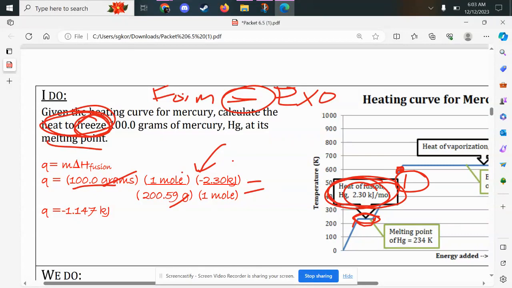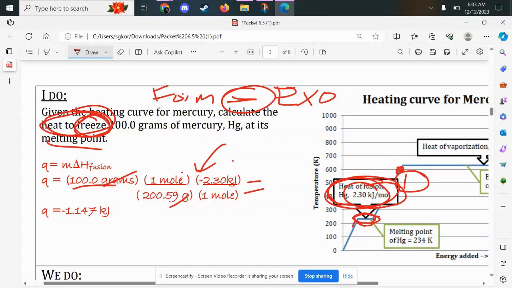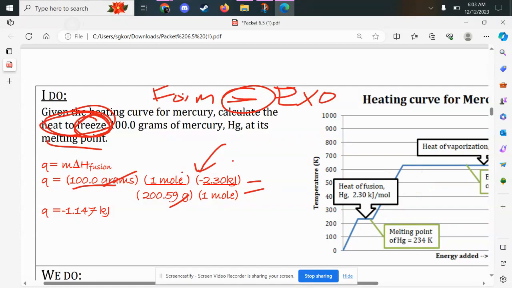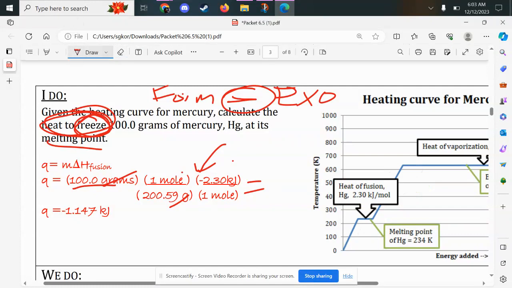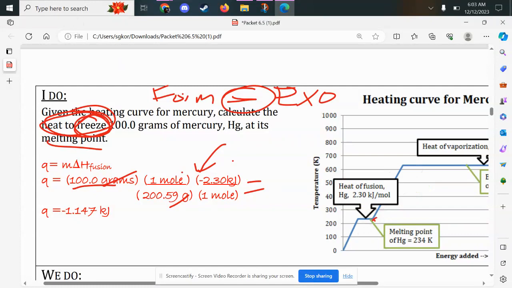I need to figure out, let me erase some things, how much energy it takes not only to get from here to here, but if I change this to not being at its melting point, but being at, I don't know, 600 degrees Kelvin, I now have to figure out how much energy it takes to get from here to here.